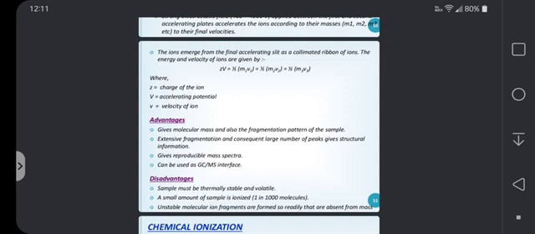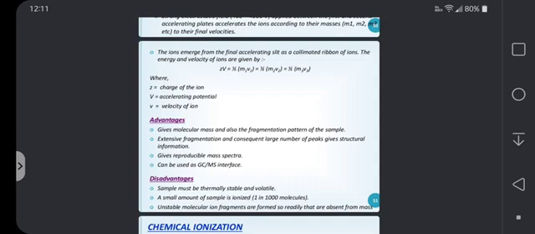The extensive fragmentation and a consequent large number of peaks give structural information. It gives a reproducible mass spectra. It can be used as a GC-MS interface.